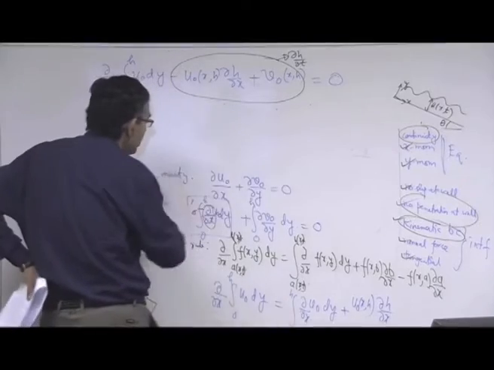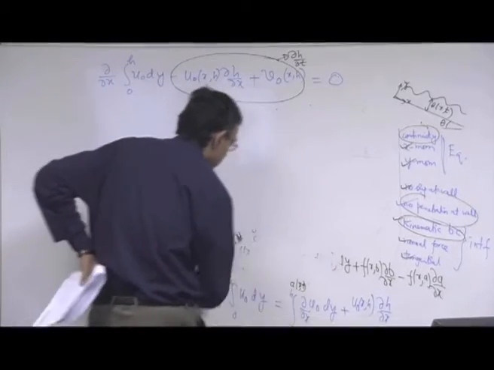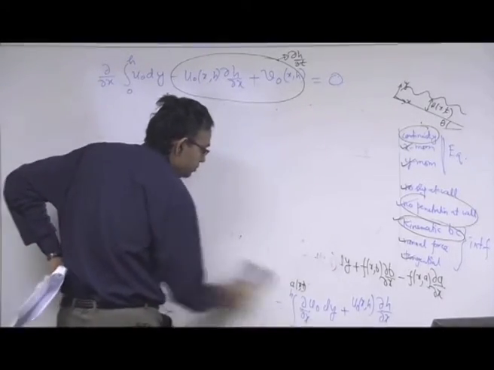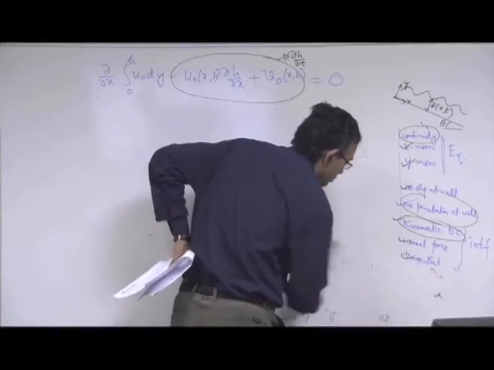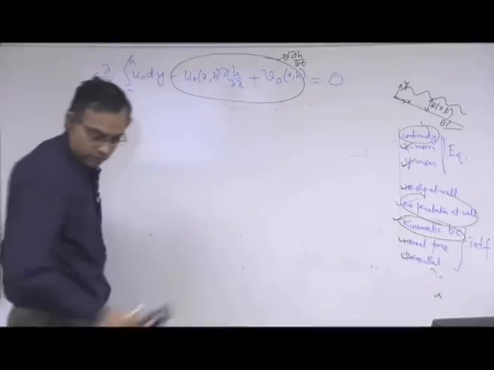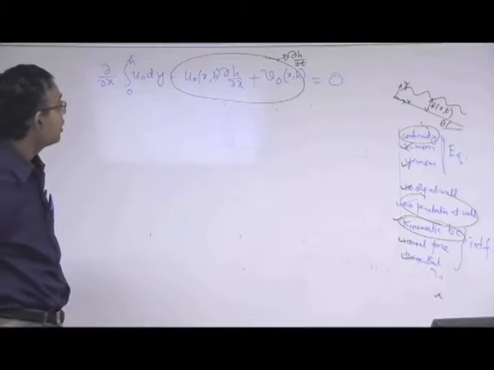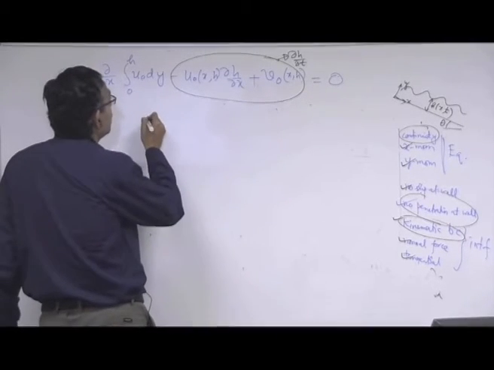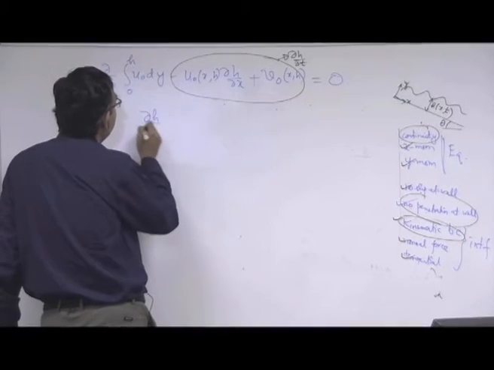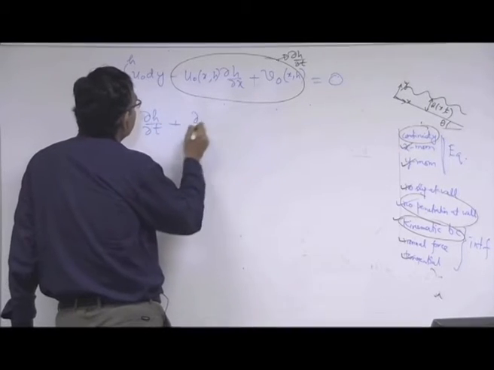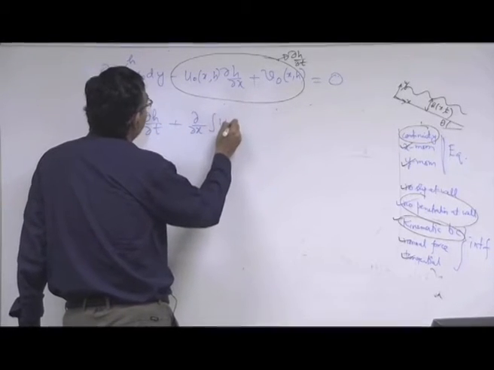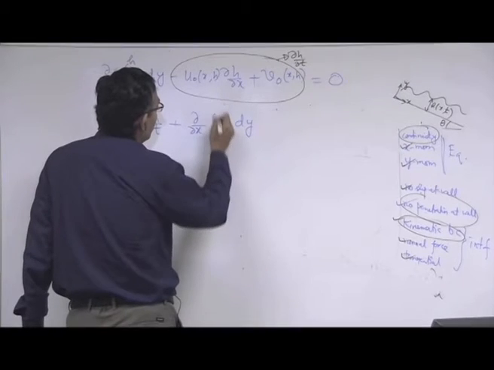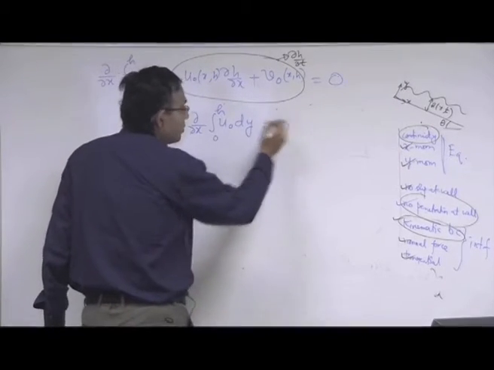So we are left with ∂h/∂t plus ∂/∂x of the integral of u0 dy from 0 to h is equal to 0.